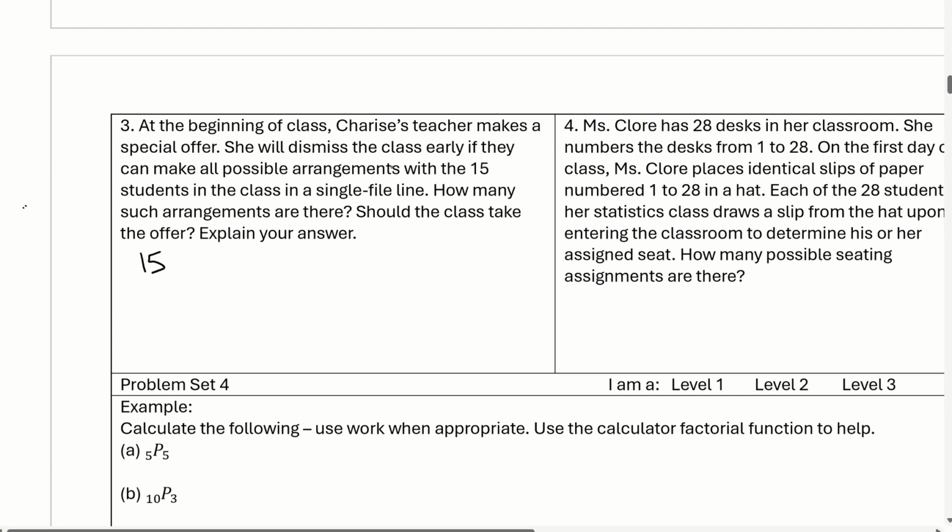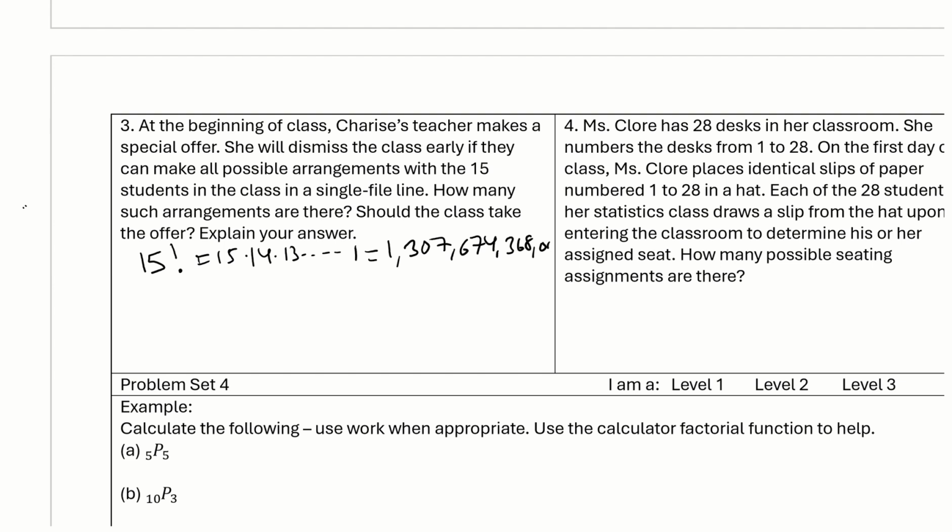So we've got 15 students doing all possible arrangements. That's 15 factorial. That's 15 times 14 times 13 all the way to 1. And that number right there is over 1 trillion. And remember, we calculated that earlier, or something like it.